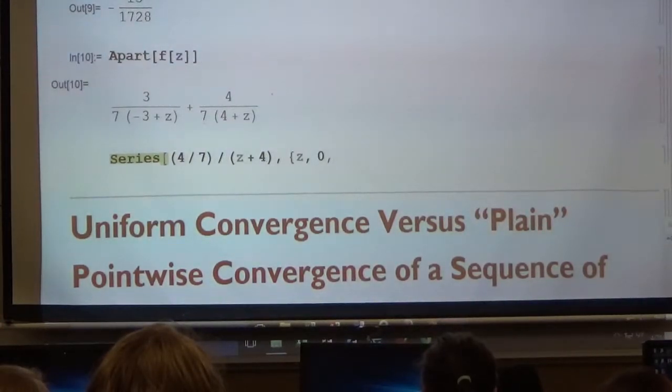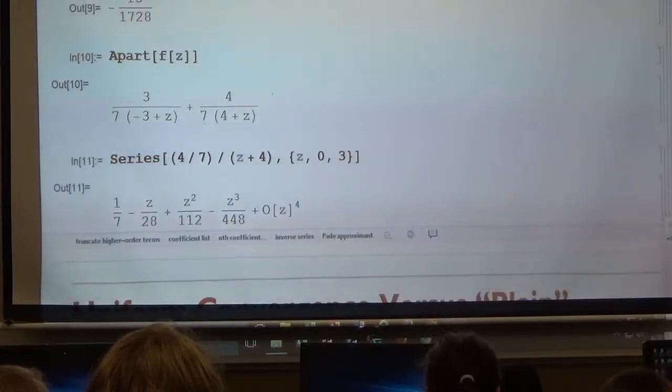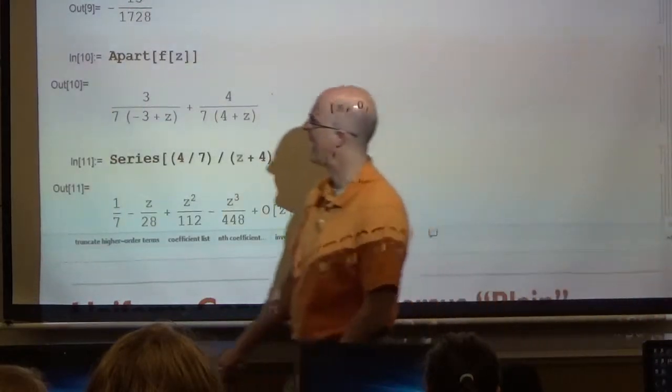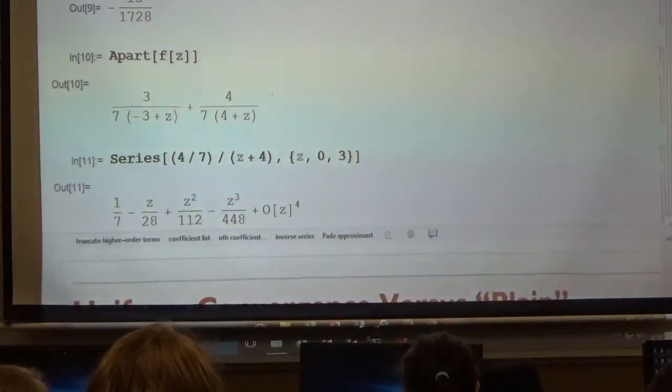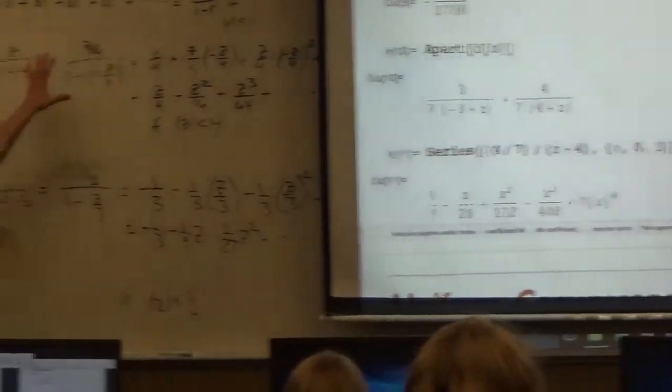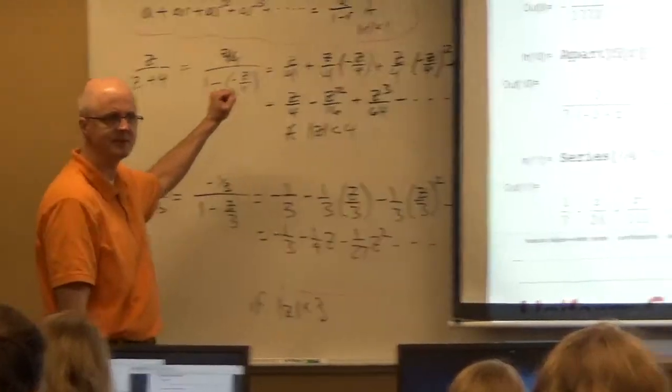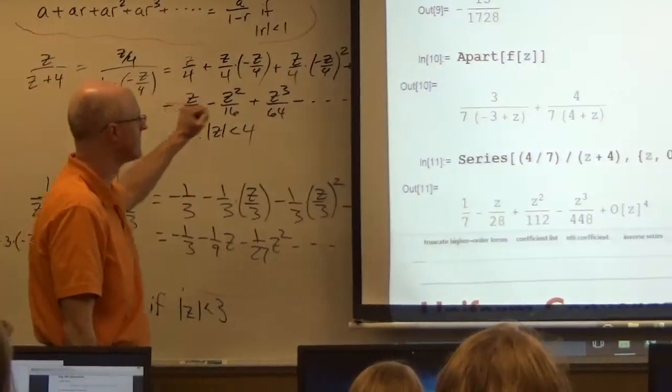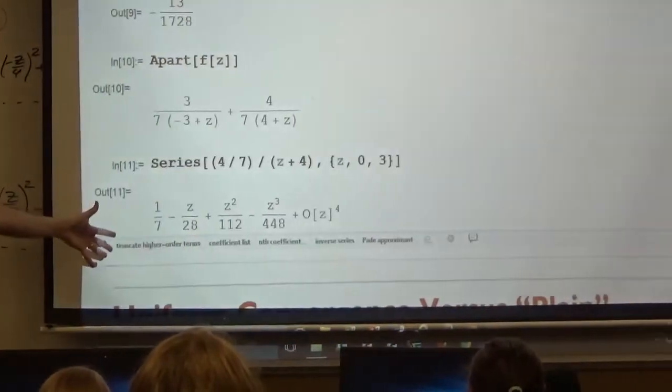The Taylor series for that one about 0 starts this way. And that should be the same as what I had over here, but I erased. Does it look right, Lauren? Okay. So that part's the same.